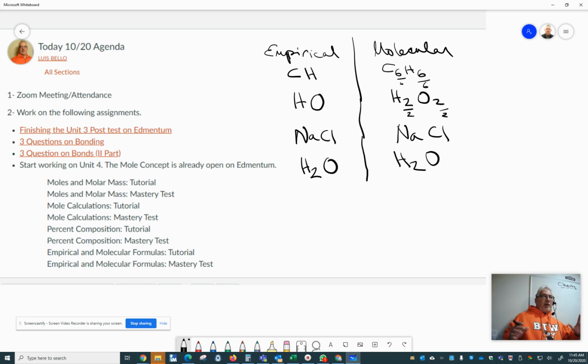So anyway, empirical is the small ratio between the atoms in a compound, and the molecular one is the real full substance with all the atoms that exist in the molecule. And what is the relationship between empirical and percent? Well, if we use the percent, we can find the empirical and molecular formula because we can convert percent to mass in any formula.